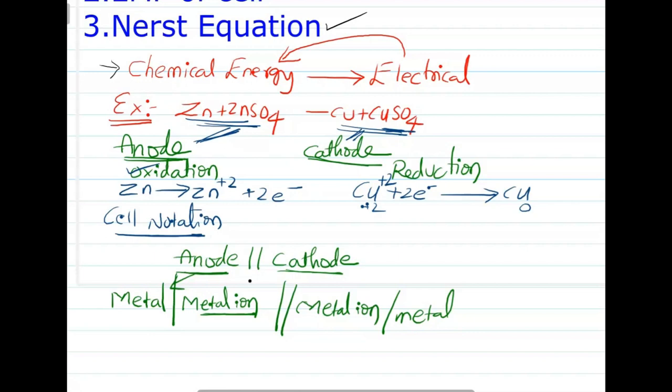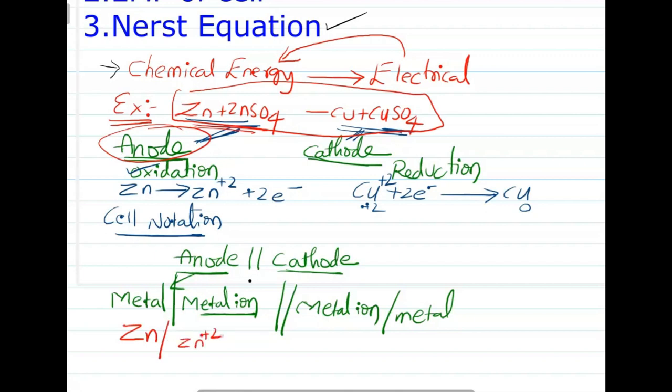So let us take our cell, where zinc is dipped in zinc sulfate and copper dipped in copper sulfate. In this cell notation, as we know, zinc in zinc sulfate is acting as the anode. So first you write the metal zinc, followed by the metal ion Zn plus 2.